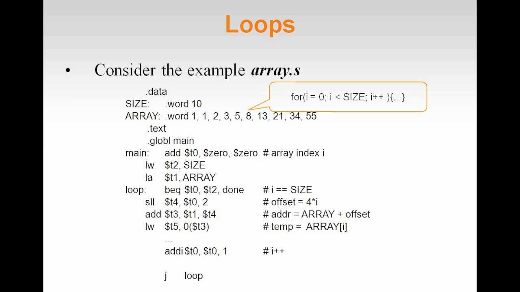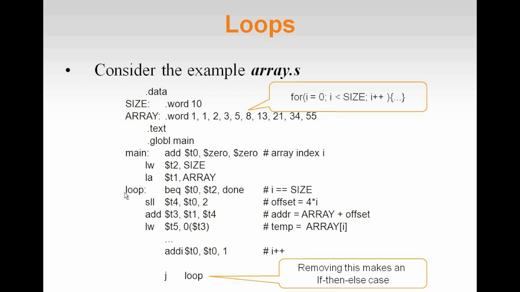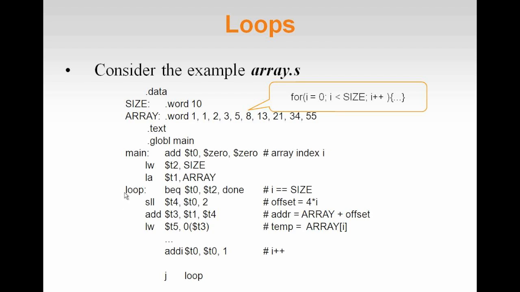The index in T0 is incremented, and after this the program executes this instruction, the jump, which sends the control back to the instruction pointed out by the loop label.